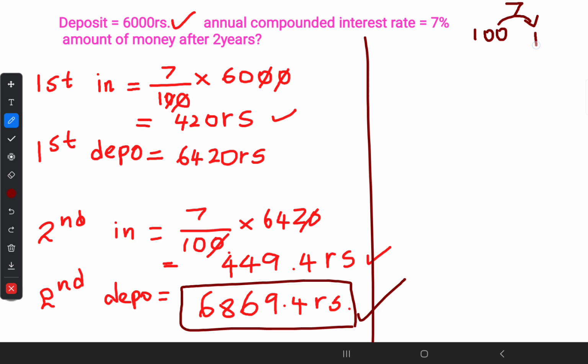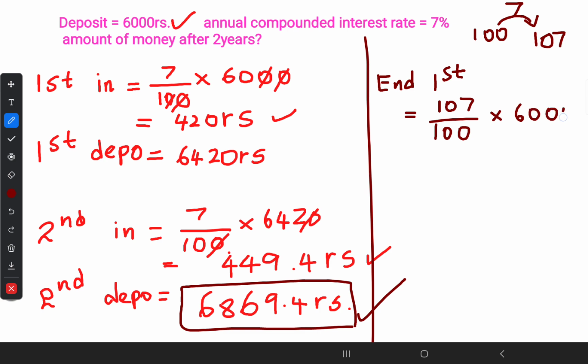So I will receive 107 rupees after the end of first year. So first I will find the amount at the end of first year. If I invested 100 rupees, I will have 107 rupees in my account after the end of first year.